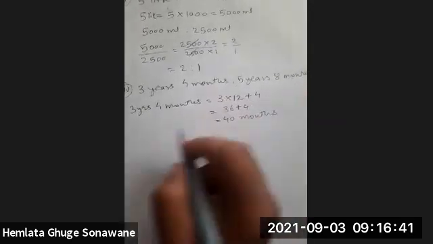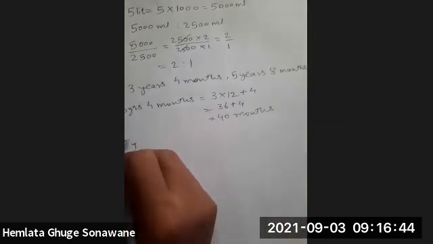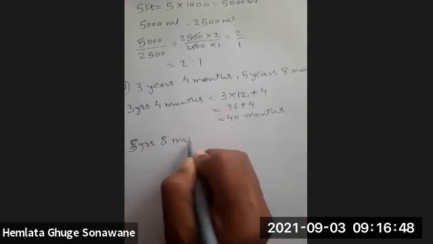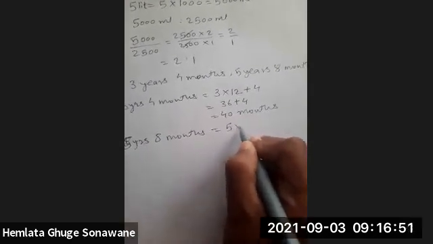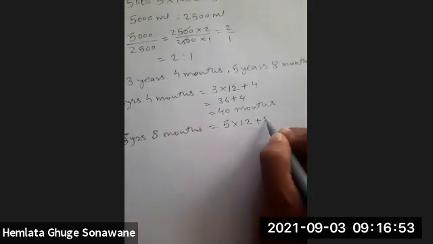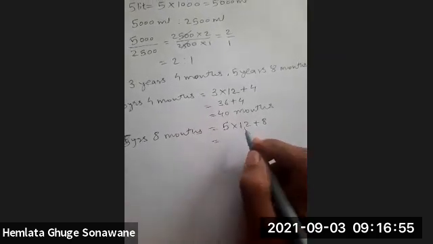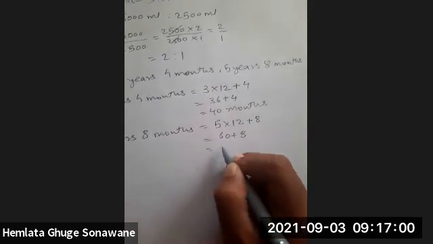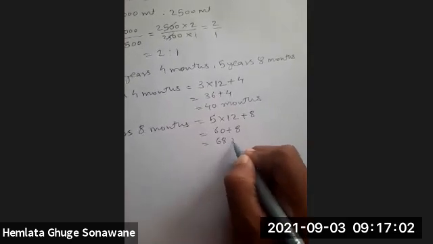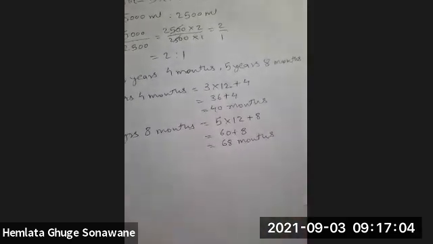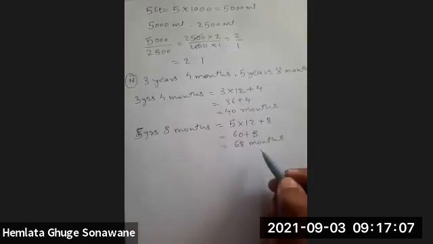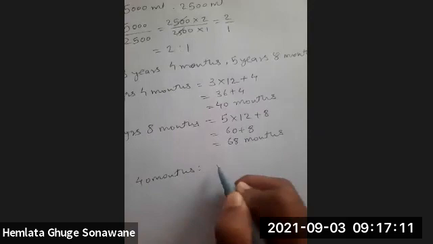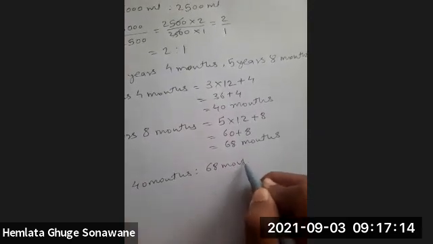For 5 years, 8 months we will do the same. So 5 into 12 plus 8. 5 twelves are 60 plus 8. So it becomes 68 months. Okay. Now we have to find the ratio of 40 months as to 68 months.